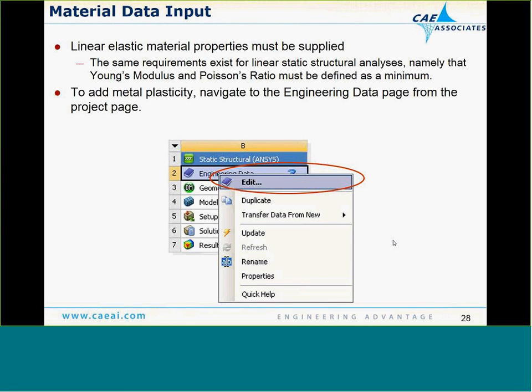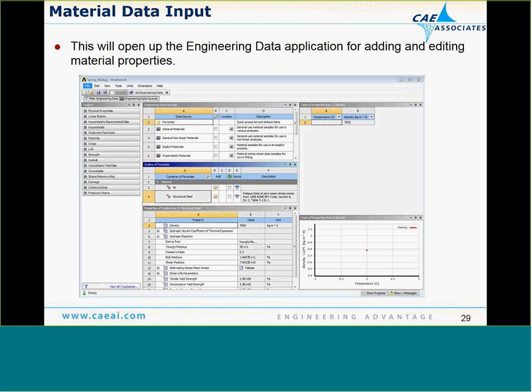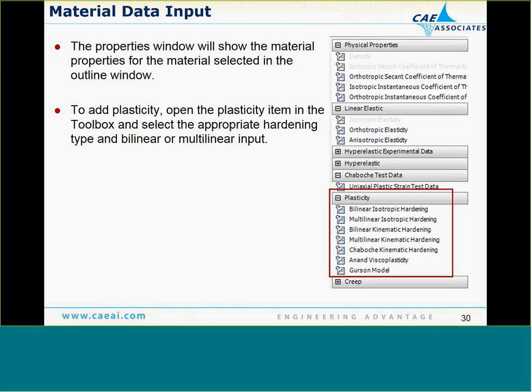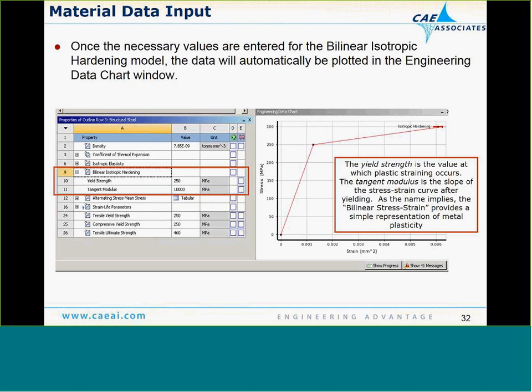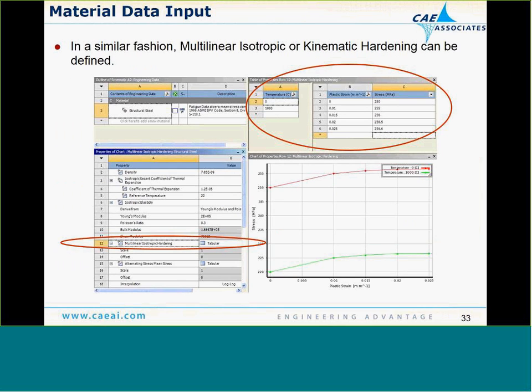So, recapping, in Engineering Data, we're inputting the material properties. We choose from one of the material laws available in ANSYS, specify the particular hardening information, whether it be a bilinear type curve or a multilinear type curve, and make sure, again, that you put in some positive tangent modulus.